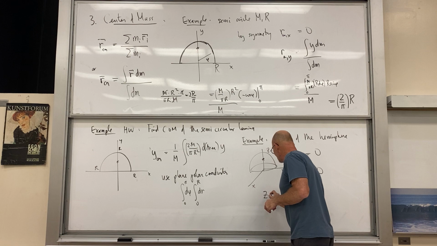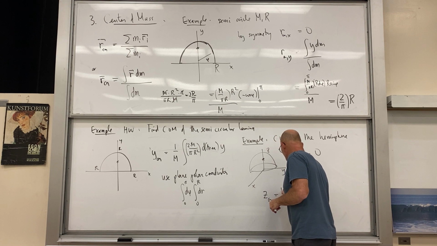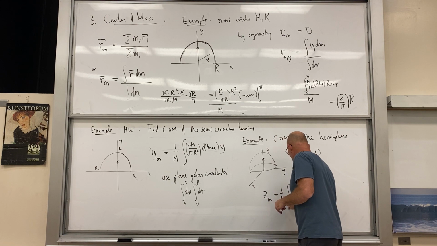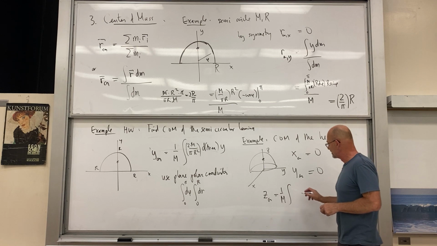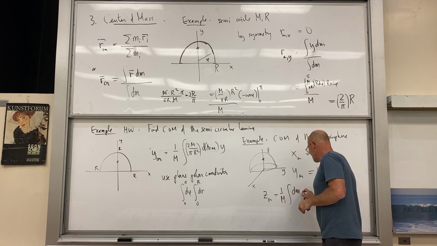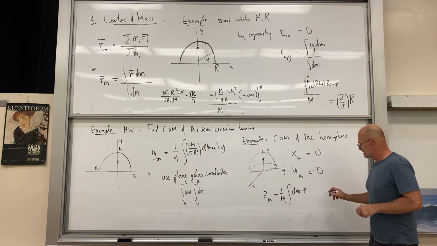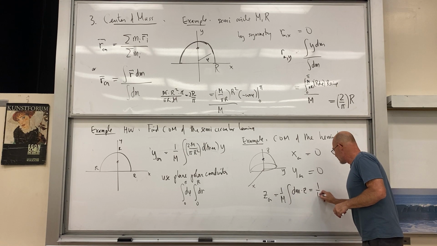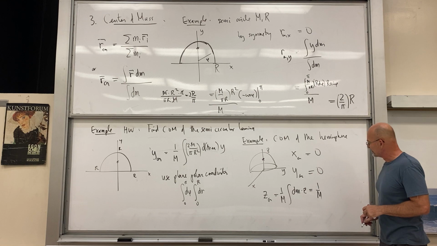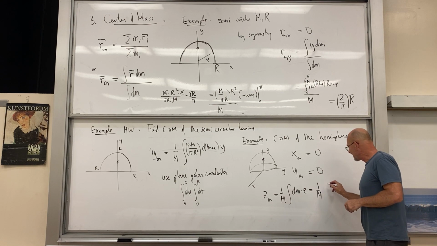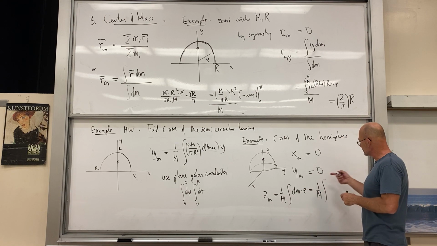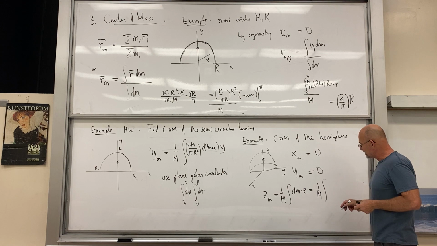So Z center of mass will be 1 over m triple integral dm times Z. Now the dm is a triple integral right here. What is the dm?